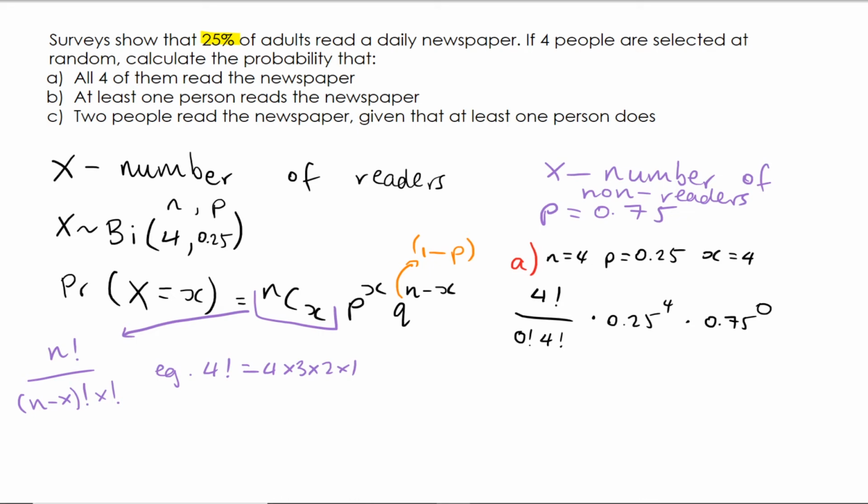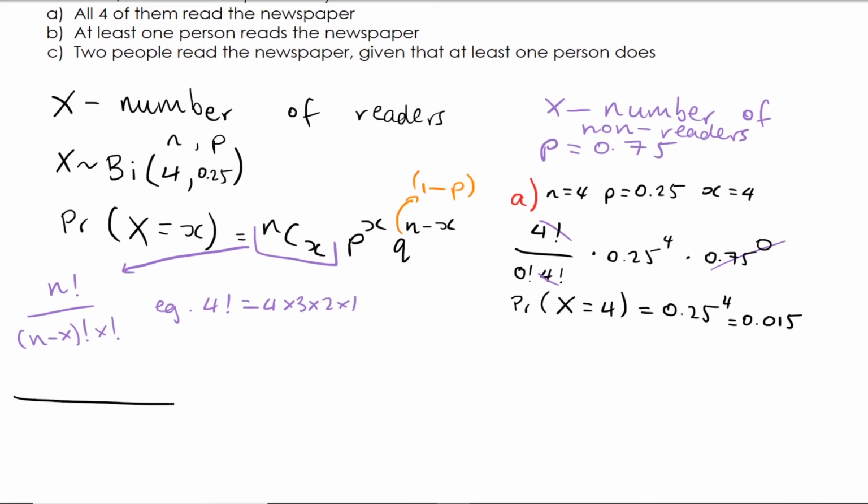What you should notice is that this is going to cancel out to give 1, this is going to cancel out to give 1, so our answer is the probability that X is 4 is 0.25 to the 4, which is 0.015.